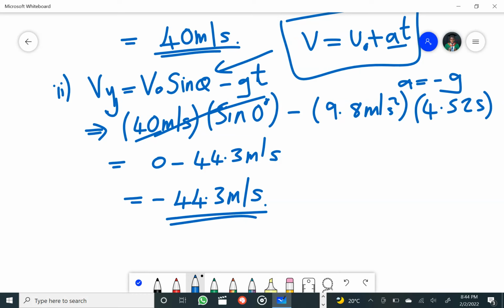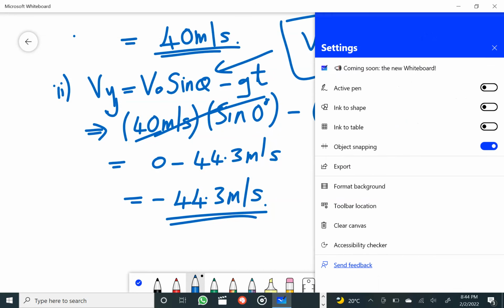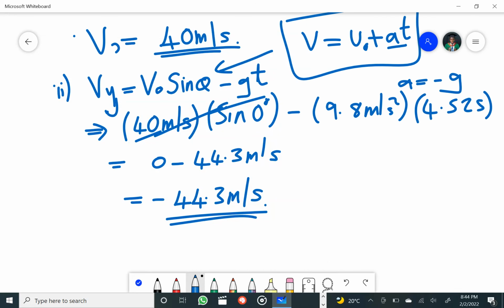Why does the negative make sense? The negative makes sense because this particular object is now falling. And when it's falling, what's the direction? The direction is downwards, and that's where the negative makes sense. So here we now have the horizontal component and the vertical component, as the question asked us.